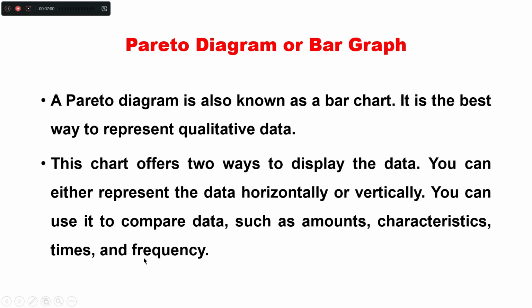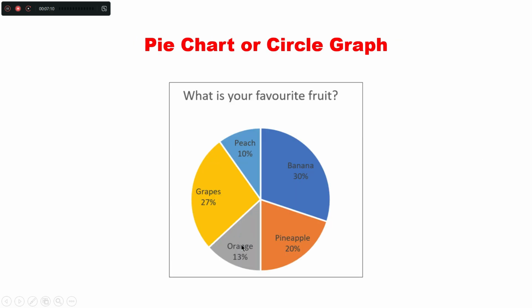That frequency you can also use to represent in the bar graph. So this is all about bar graph. Next we move on to the pie chart, circle diagram, circle graph, that is commonly presented in most of the statistics by the researcher.